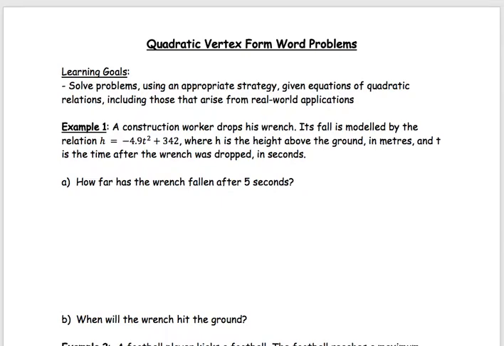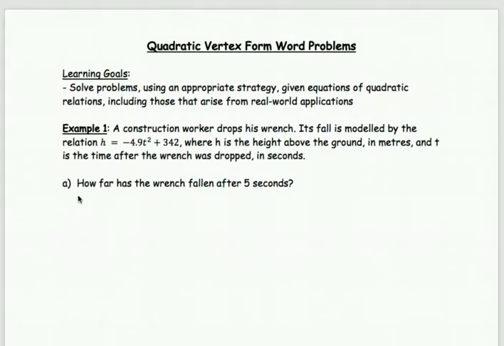Okay, I'm going to start off with just writing out the equation that we were given. So we have the height equals negative 4.9 t squared plus 342. Okay. All right.